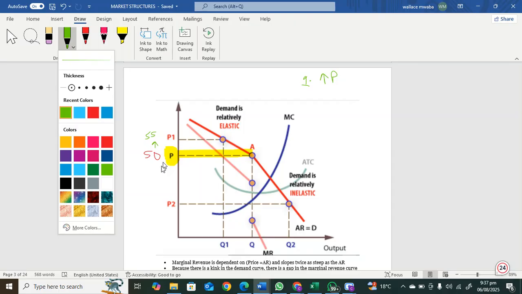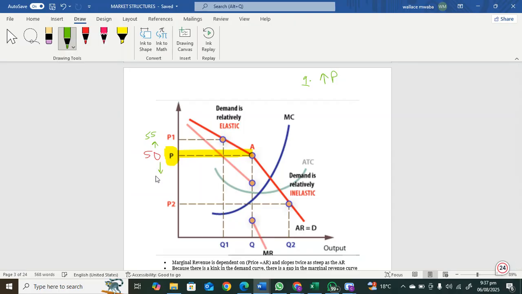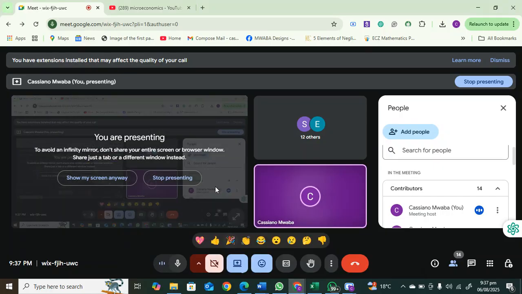Then firm one decides to reduce price to 45 kwacha. What will firm two and firm three do? Since there's interdependency, firm two and firm three have seen firm one has reduced the price. What are they going to do?